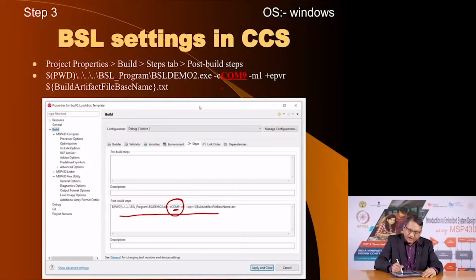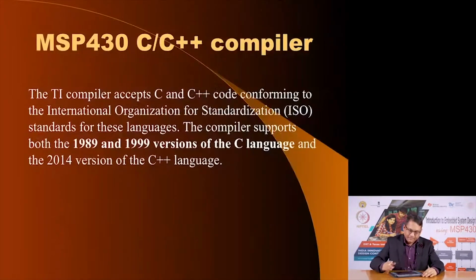So, it is not a bad idea to check the device manager to find out whether the port number has changed since you set this in the BSL settings. If it has changed, please make appropriate changes here. It is very important that you find out the port address to which you connect your lunchbox, and that address must be reflected in the BSL setting in step 3. Once you are done, you are good to go.